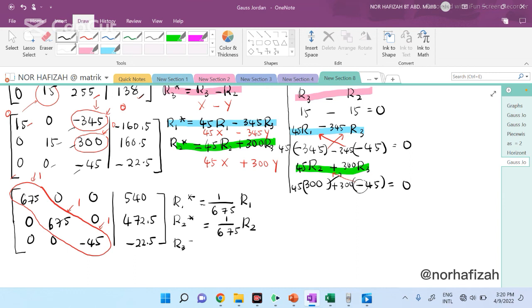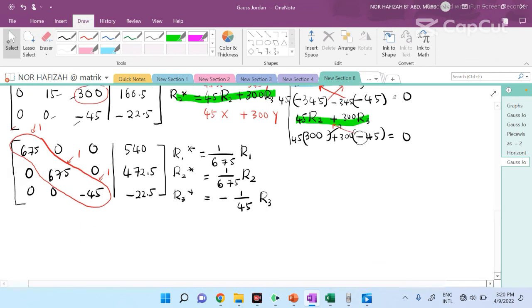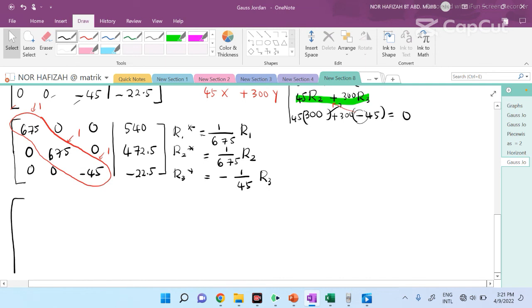Row 3 is negative 45. So we're going to divide with negative 1 over negative 45 row 3, we're going to change all this, becomes identity 1, 0, 0, 0, 1, 0, 0, 0, 1.